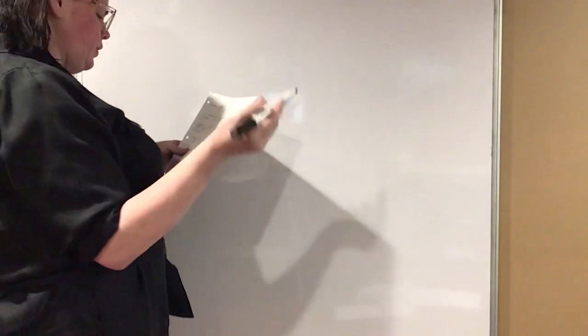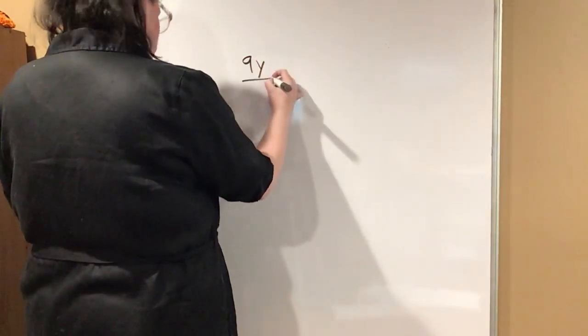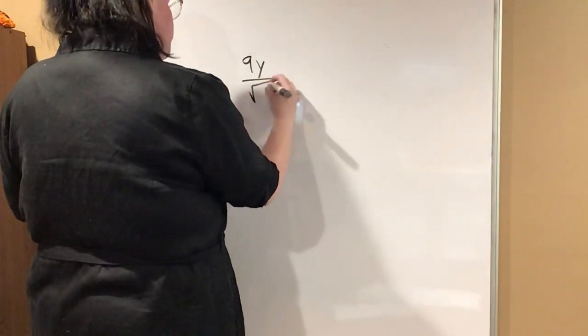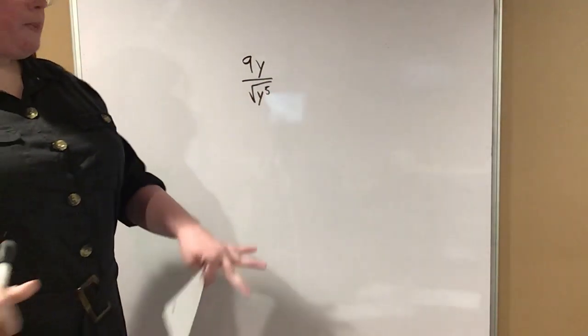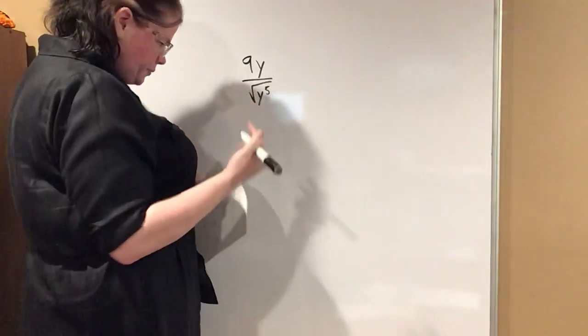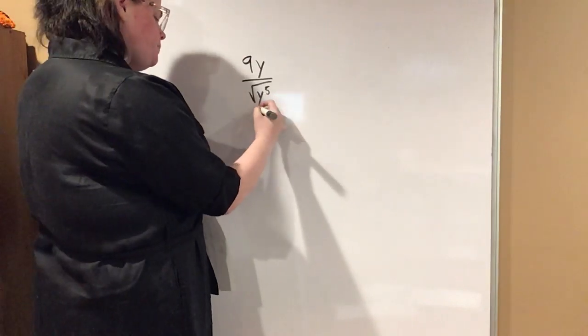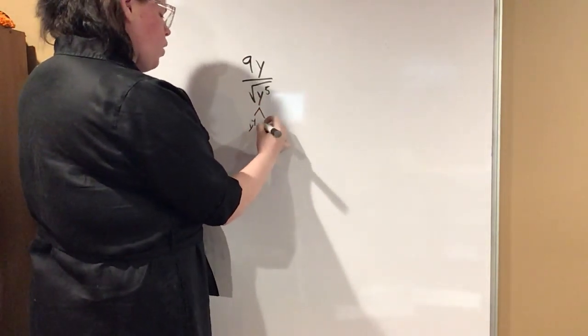Because we have to rationalize. So here, let's look at something like this though, where we have 9y over square root of y to the 5th. Before we rationalize this, pull out what we can. So we're looking at this guy, and when I pull this out, it's now y to the 4th and y.